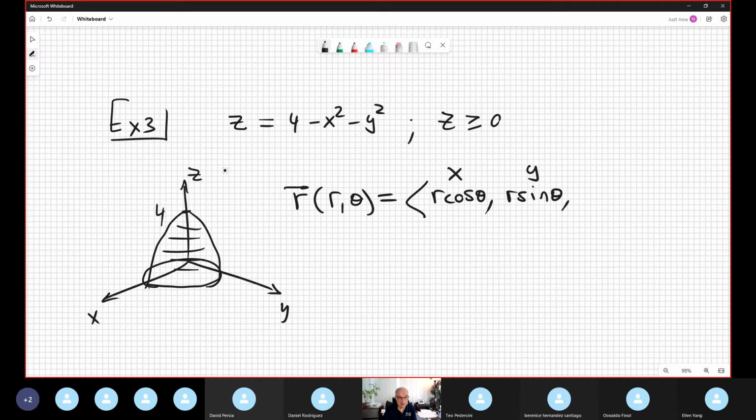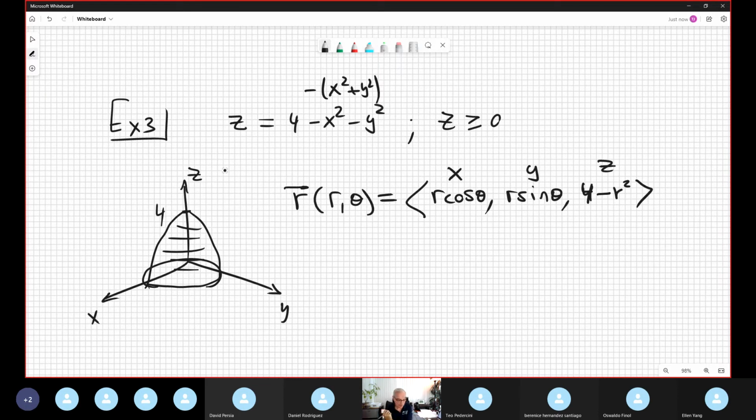And the expression for z is exactly this expression, but using the parameters r and theta, which is 4 minus r squared. Make sense? Because x squared plus y squared is r squared, so you factor out the negative here. Make sense, guys? This is z. Of course, this is 4. Make sense, right? Yes, Daniel said yes.